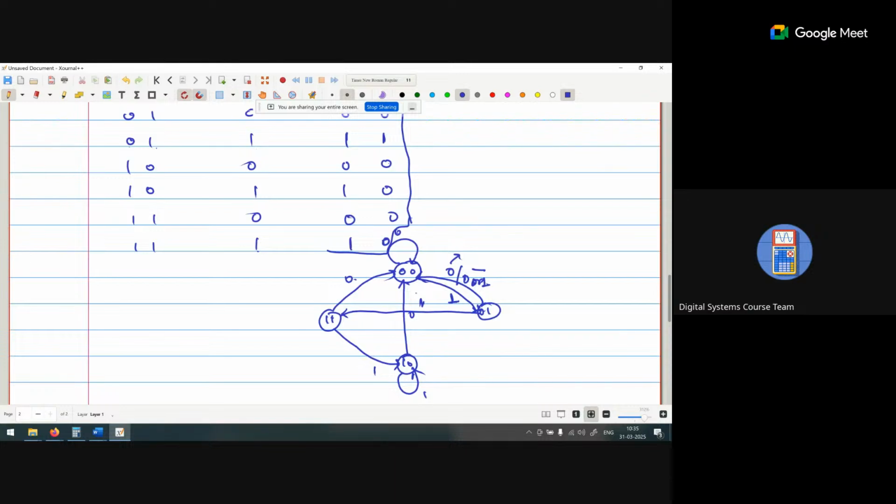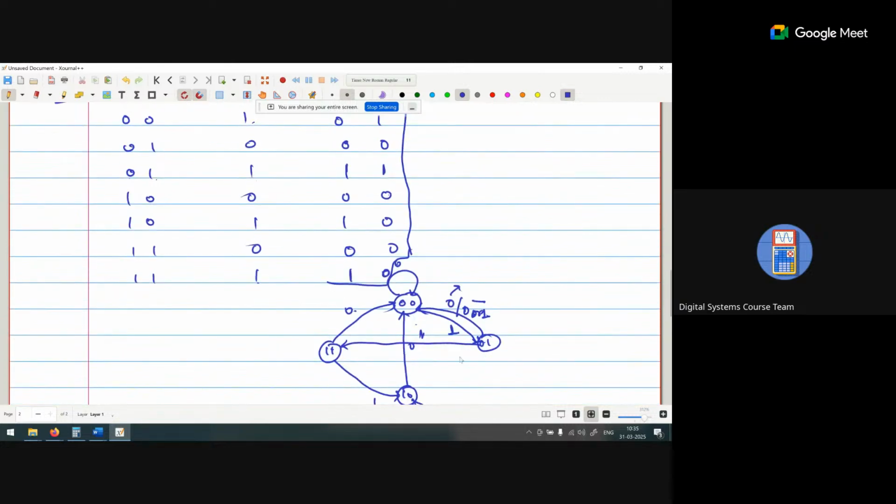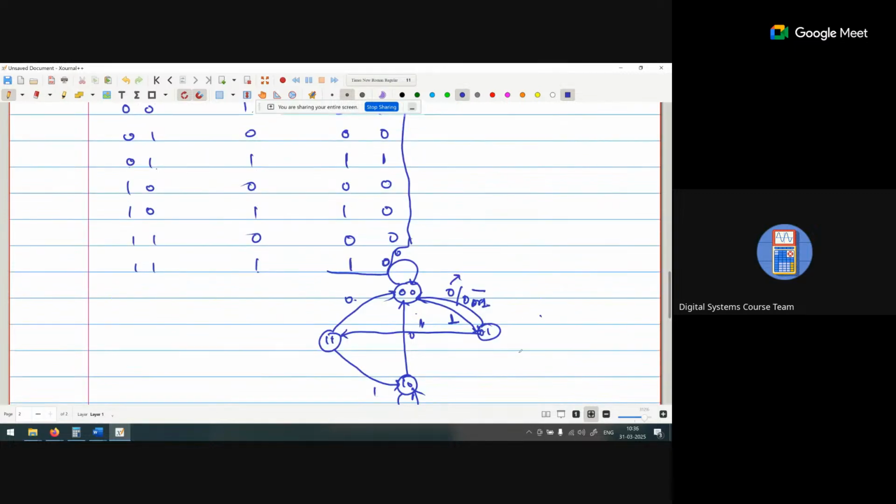What we consider in this situation is that, with respect to the input, if we go to the initial state, the output is 1.